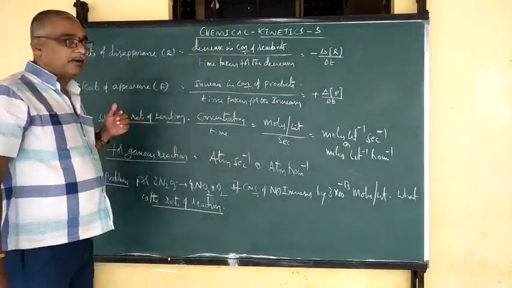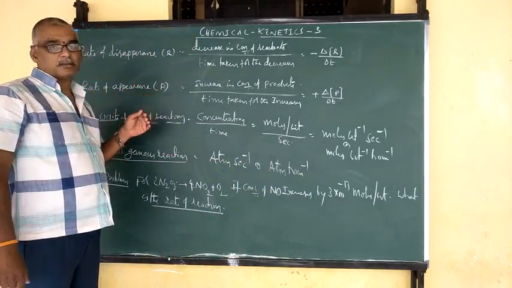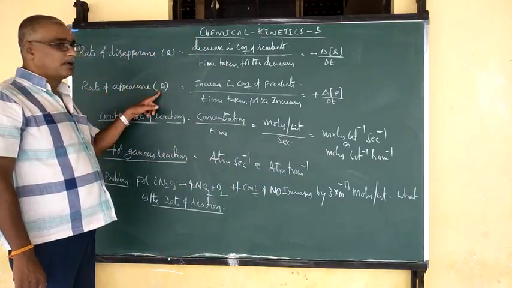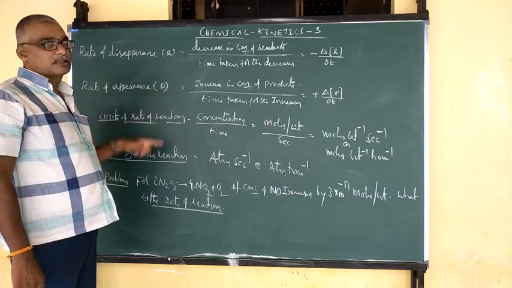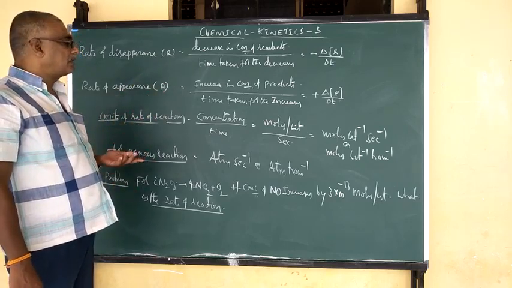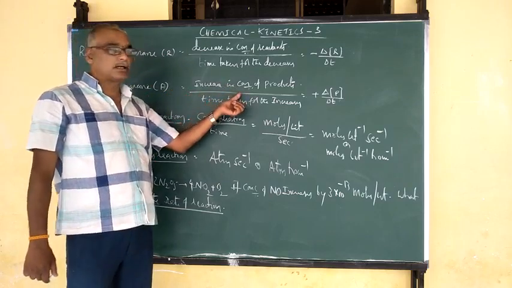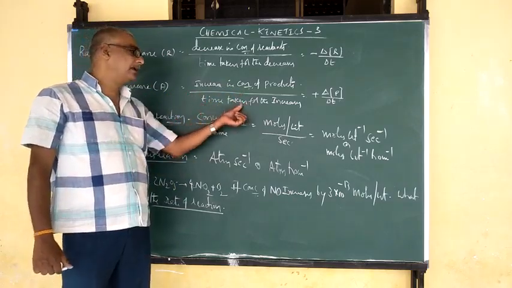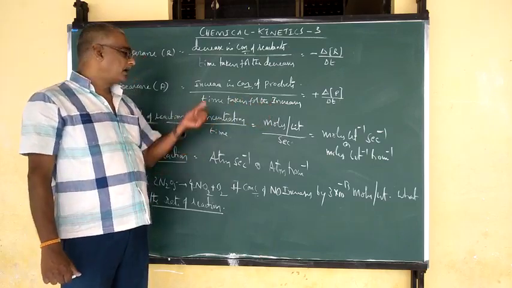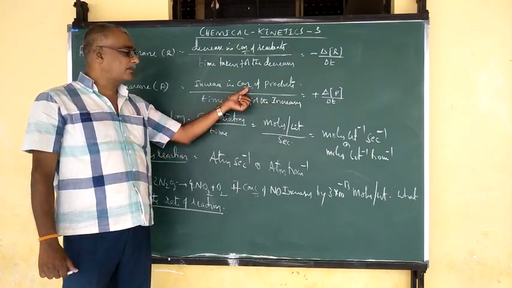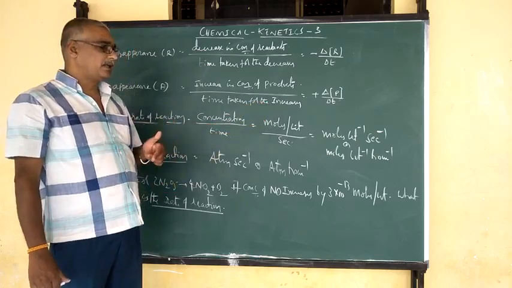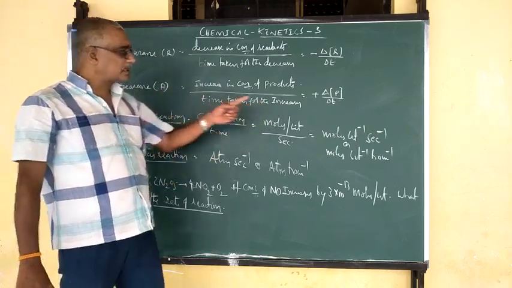In the same way, rate of appearance. In the bracket, P means products, R means reactants. What is the formula? Increase in the concentration of products divided by the time taken for the increase. For products, what is the sign?